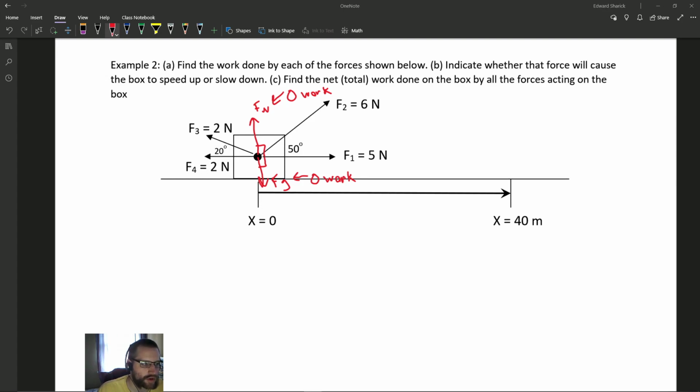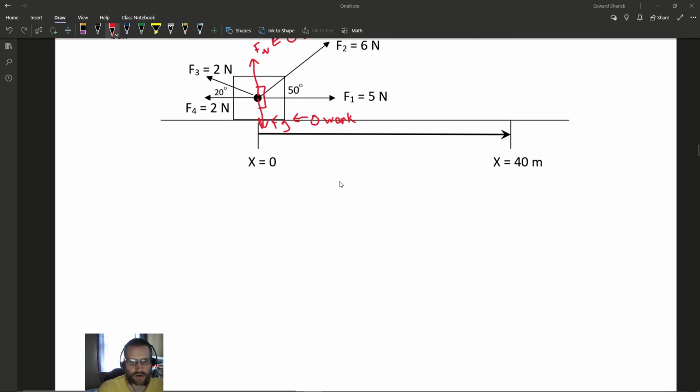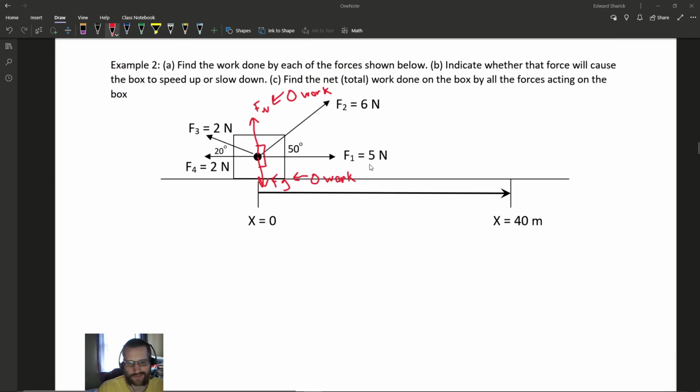And so what you want to do for this problem is treat each vector as its own amount of work. So if I look at just force 1 here, and this is my distance vector here, we'll write all the angles out. I'm just going to label these as theta 1, theta 2, theta 3, and theta 4.